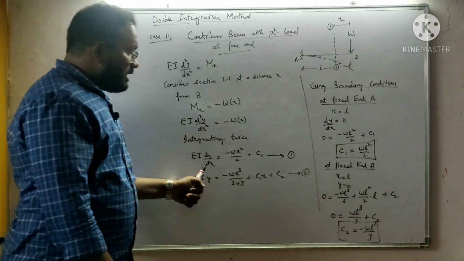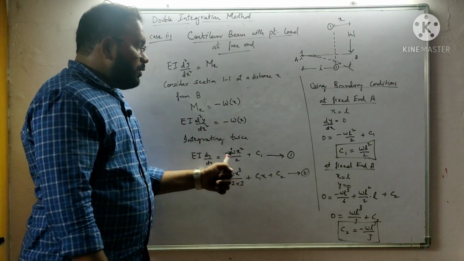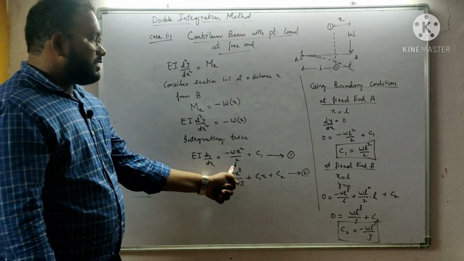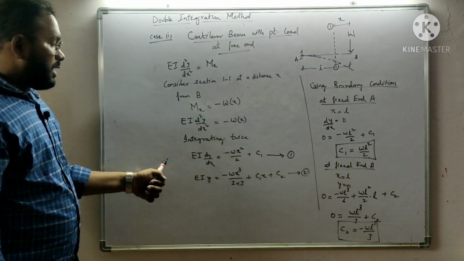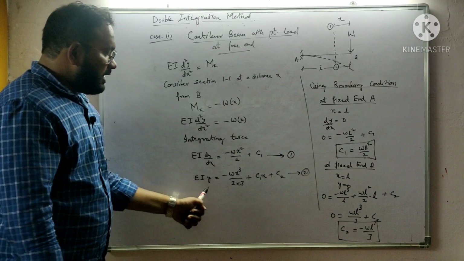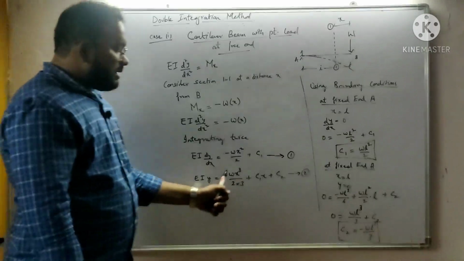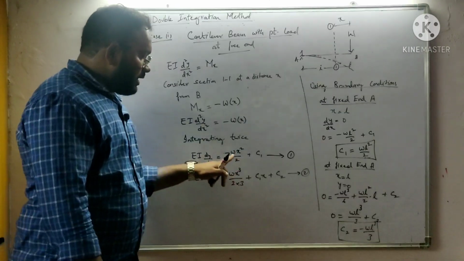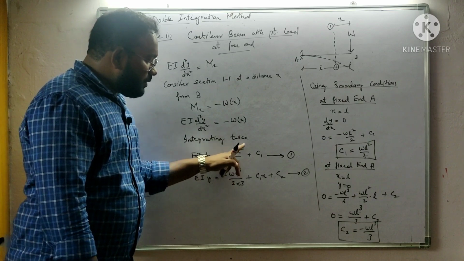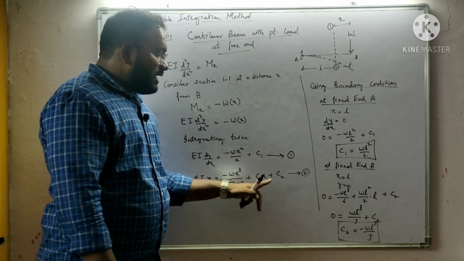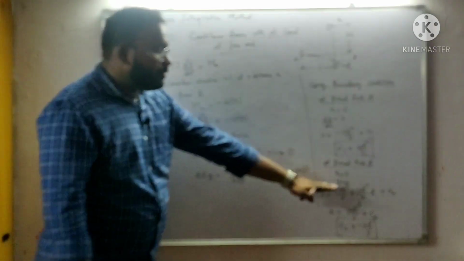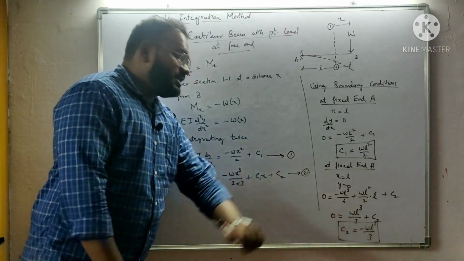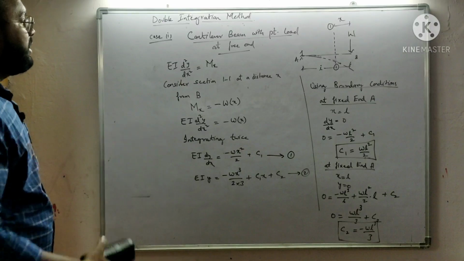EI dy by dx is minus wx square by 2 plus WL square by 2, and EIy will be equal to minus wx cube by 6 plus WL square by 2 into x plus minus WL cube by 3.